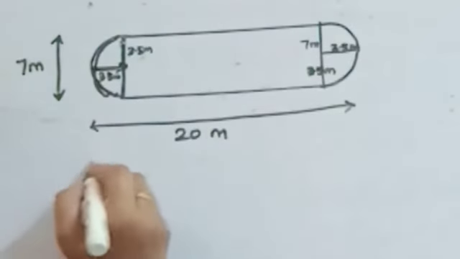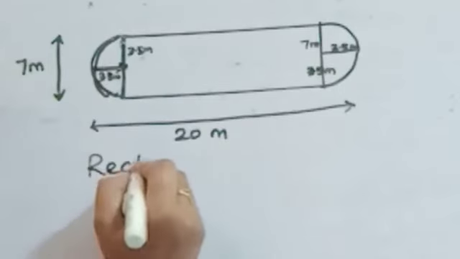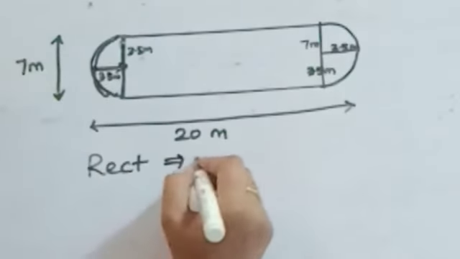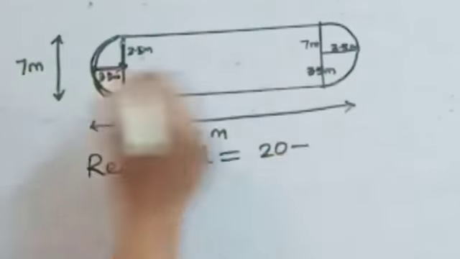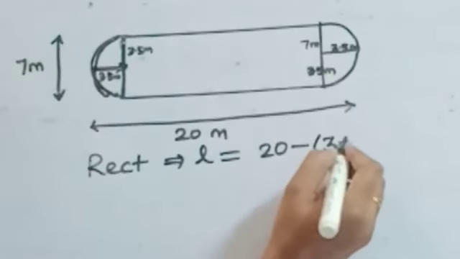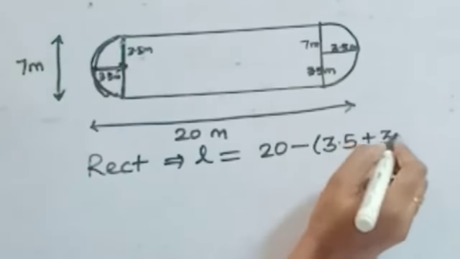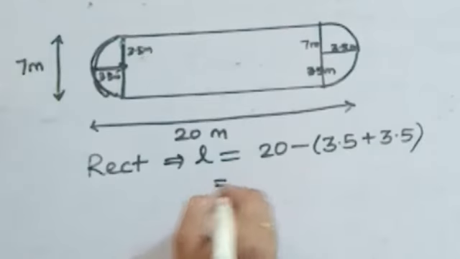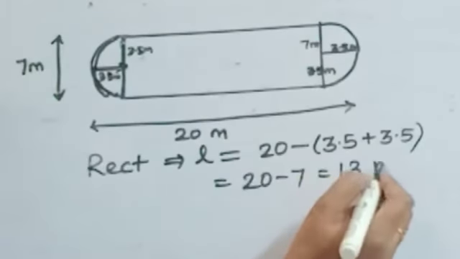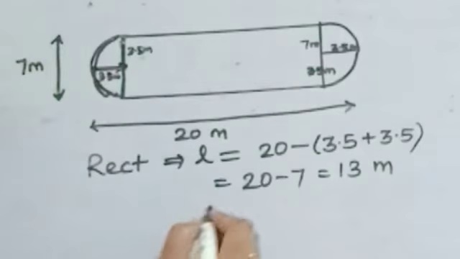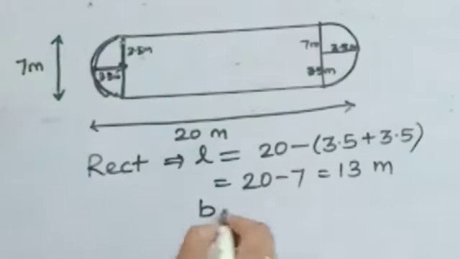So for the rectangle, the length is 20 minus, you have to subtract these 3.5 plus 3.5. 3.5 plus 3.5 is 7. So 20 minus 7 is 13 meter. And that is the length of the rectangle, and the breadth of the rectangle is 7 meter itself.